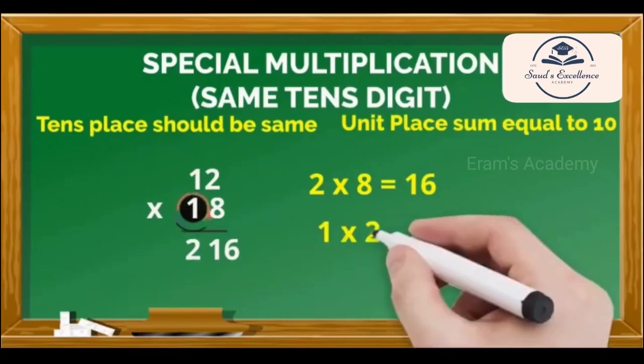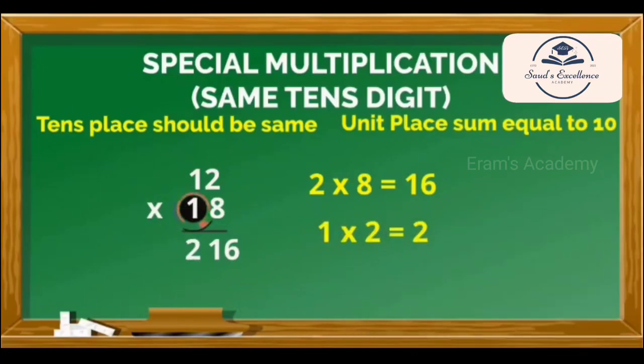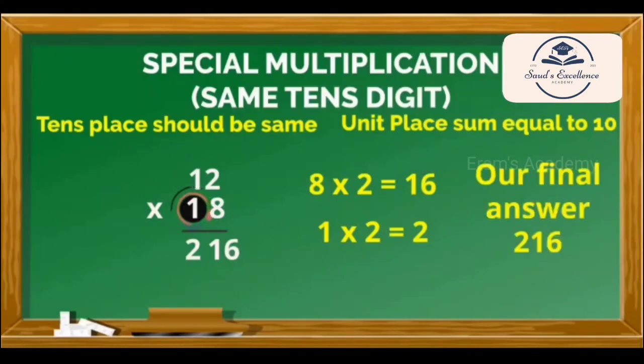Our next step is to multiply the consecutive number of the tens digit. Here our tens digit is 1 and the consecutive number will be 2, so we multiply 1 with 2 equals 2. We write 2. Our final answer is 216.